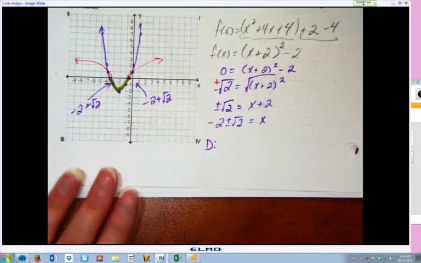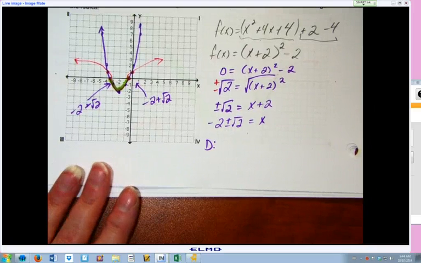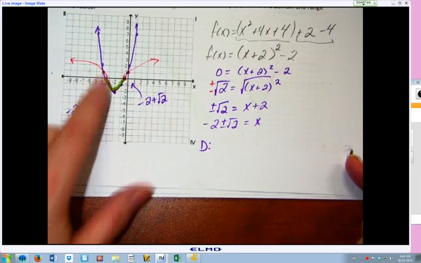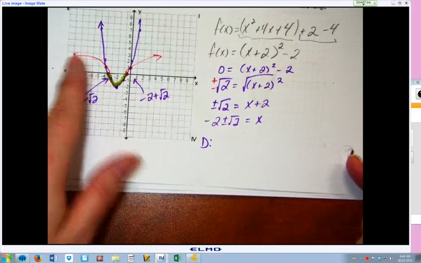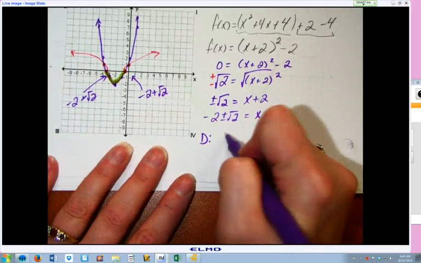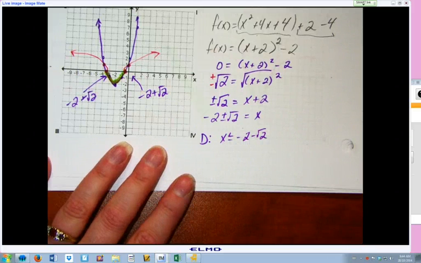Okie doke, domain. So let's just do the left swoop first. Left swoop. Okay, if you want interval notation, it would be negative infinity to negative 2 minus root 2.